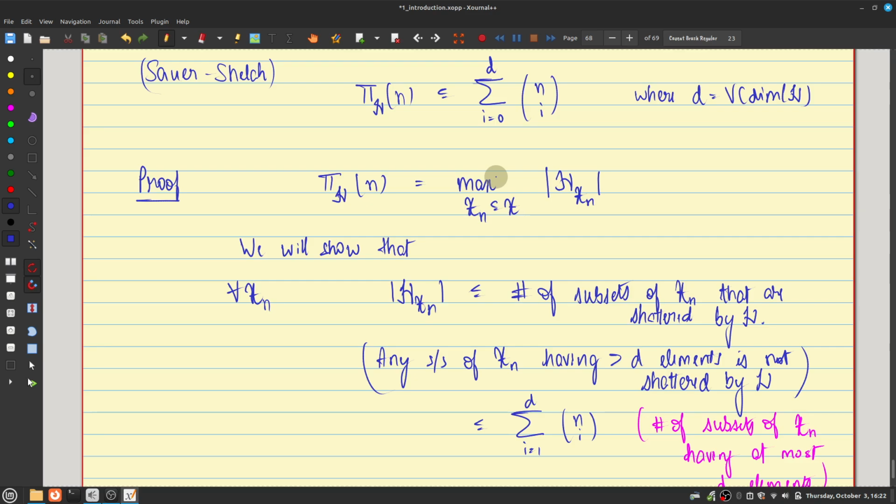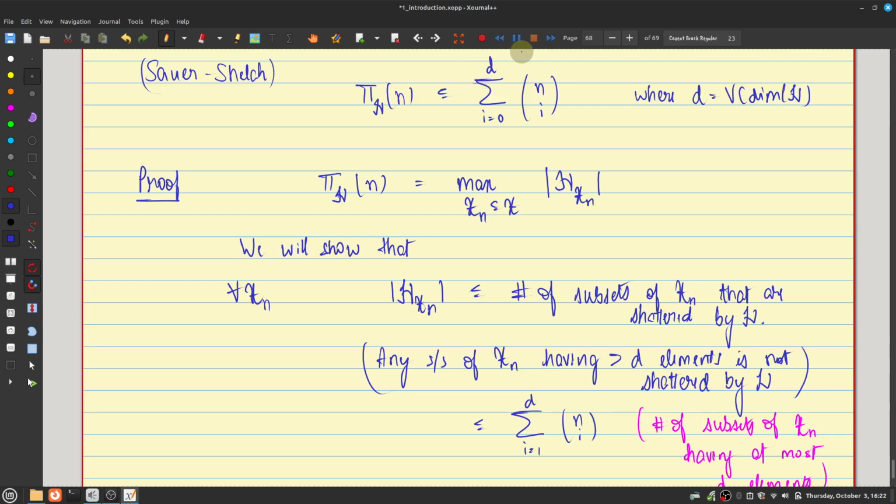So the growth function grows as 2 to the power n up to n equal to d, and after that you don't know what happens. It's something less than 2 to the power n, but we're not entirely sure. But this gives a concrete bound, right?